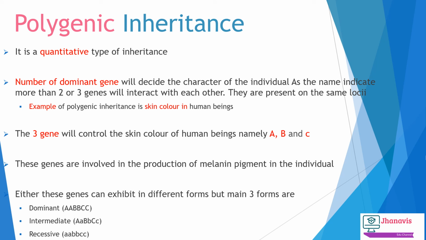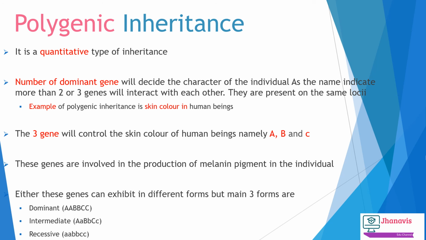So if all the 3 genes are dominant, they produce a dark color with maximum amount of melanin pigment. Whereas if they are recessive, they are all small letters a, b, c and they are not dominating, hence they produce a white color and the melanin pigment is absent.